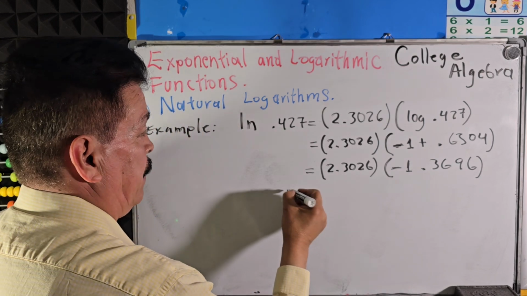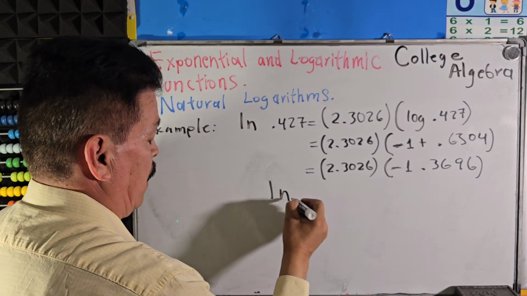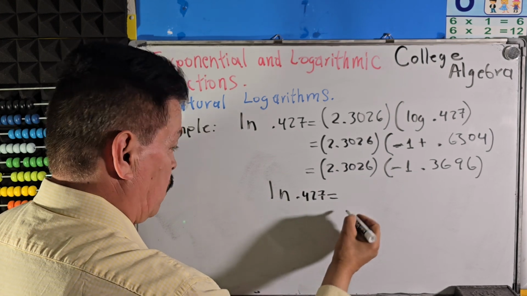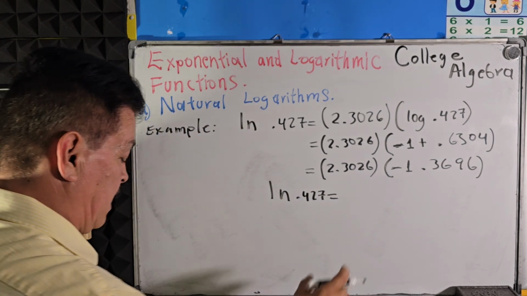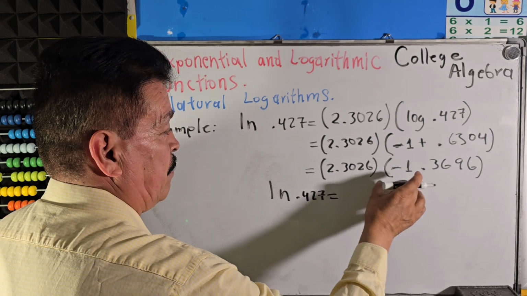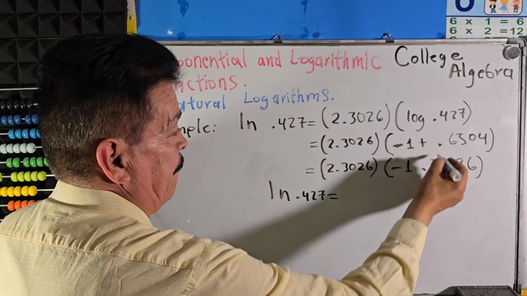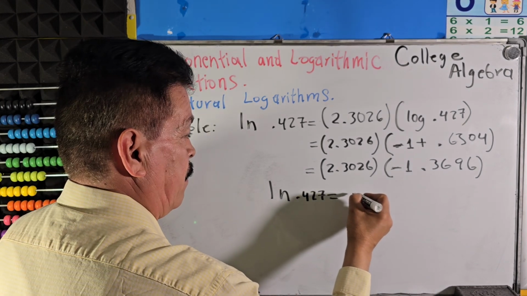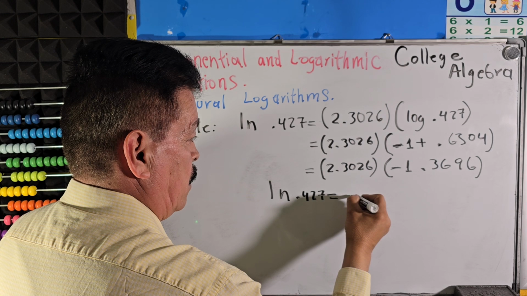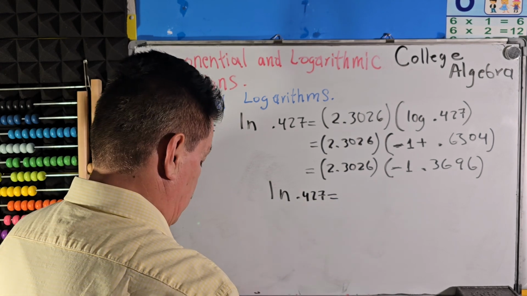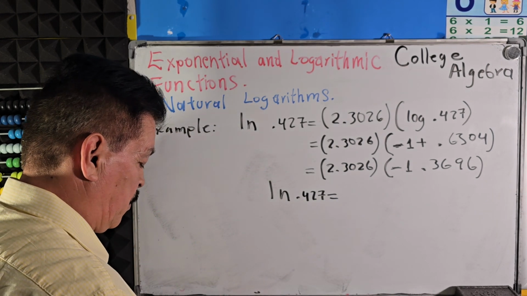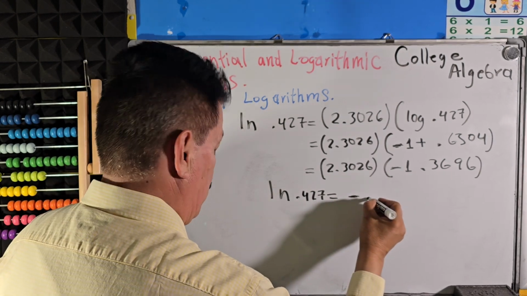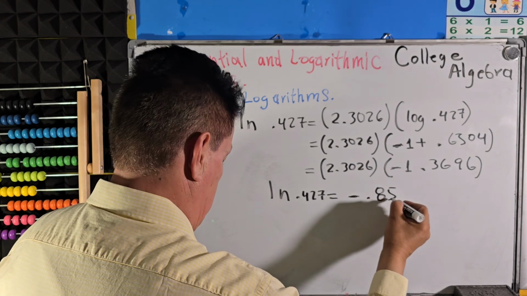Okay, then the natural logarithm of 0.427 equals, when you multiply this, we will have negative 0.8510.